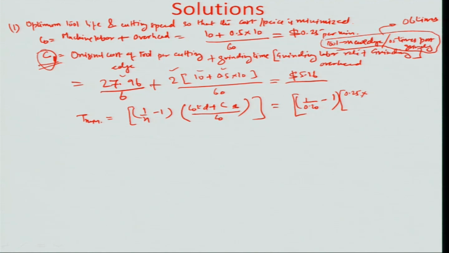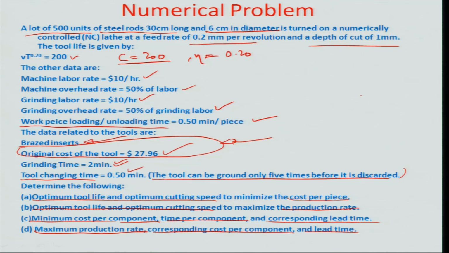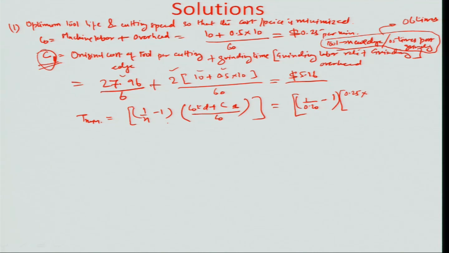plus the total amount of time per cutting edge, which in this case for unloading and loading comes out to be 0.05 minutes per piece. So we multiply that with the total time per edge, 0.5 minutes, and then the tooling cost which came out in the last equation per cycle as $5.16 divided by the total C0 value or the machine overhead and labor, which is in this case again 0.25.